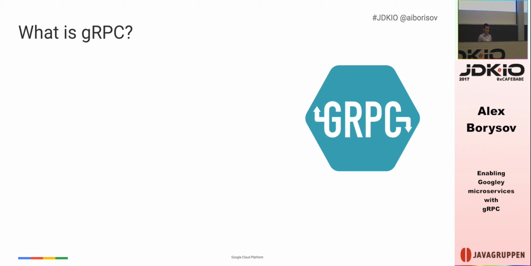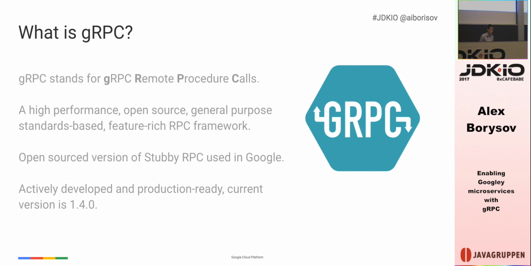To make this inter-process communication efficient, Google developed its own framework for remote procedure calls, or RPCs, called Stubby. Stubby was used inside the company for many years, and in 2015, Google introduced an open source version of Stubby, which was called gRPC. gRPC stands for gRPC Remote Procedure Call. It's built with all the scalability, performance, and API lessons learned from years of using Stubby. The current version is 1.4.0, it's stable and production ready.